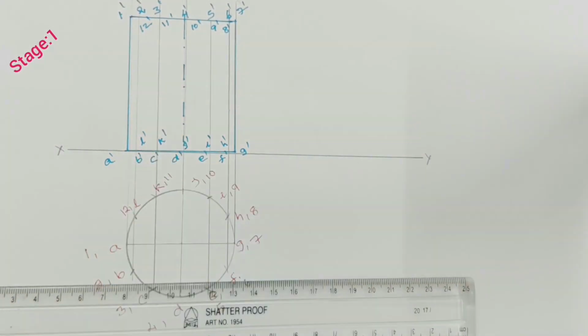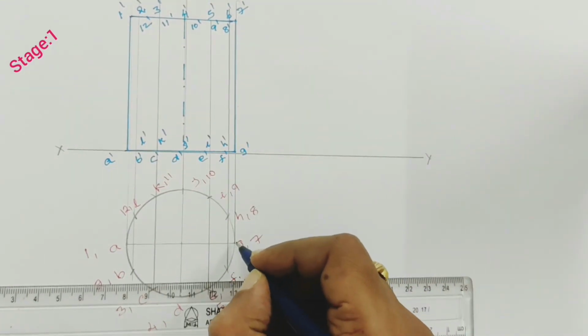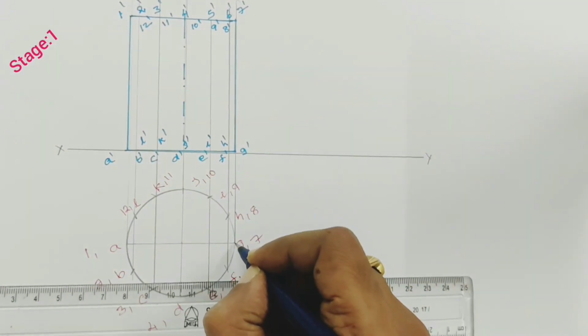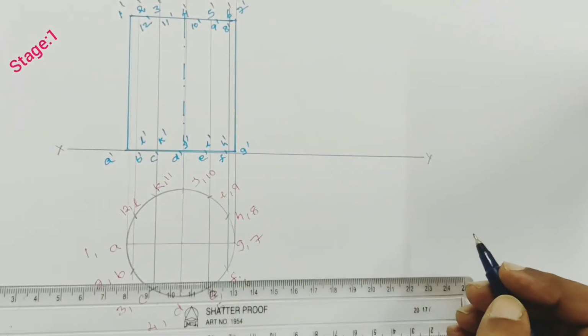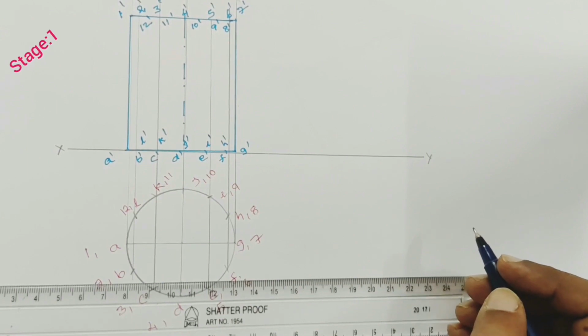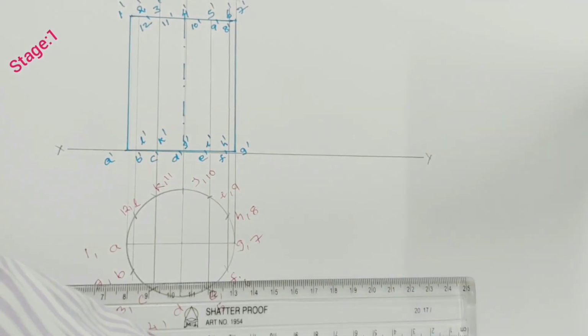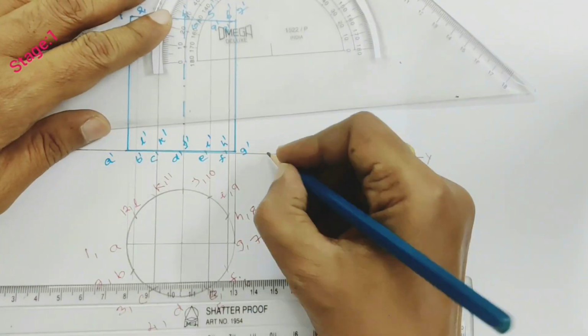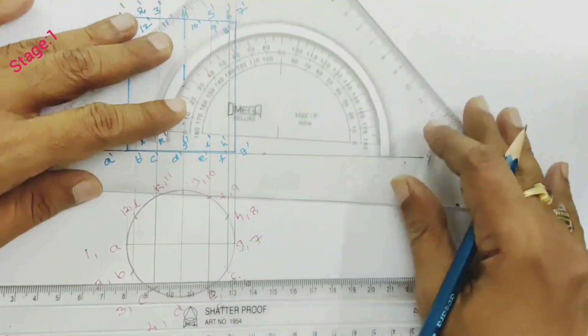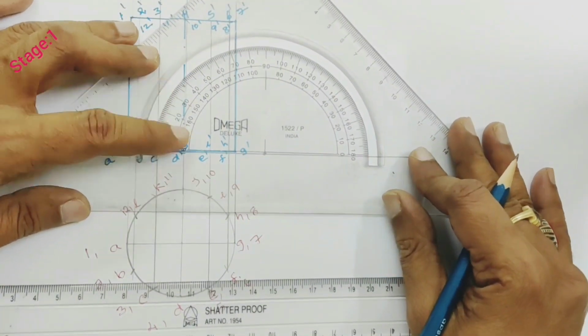Here, in the second stage, we will tilt the front view so that it is resting on one of its base points, say G, and the axis is making an angle of 30 degrees to the HP. So draw a 30 degrees inclination line. This axis line is making an angle of 30 degrees to the HP.